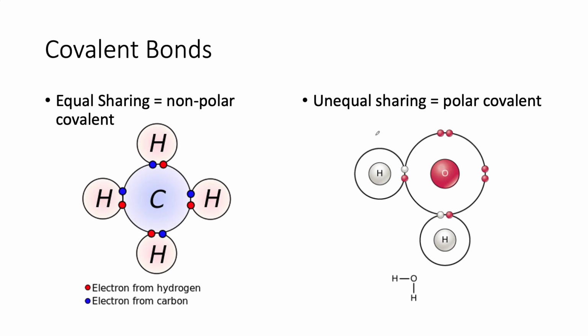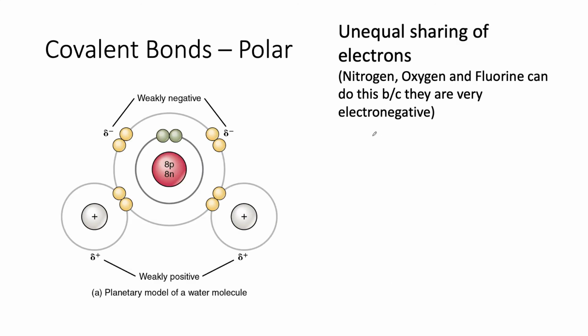So what this does is it means that electrons spend more time on the oxygen side of the molecule and less time on the hydrogen side of the molecule, which creates this unequal charge. So this side of the molecule becomes a little bit negatively charged because that's where the electrons are. And remember, electrons are negatively charged. And this side of the molecule becomes a little bit positively charged.